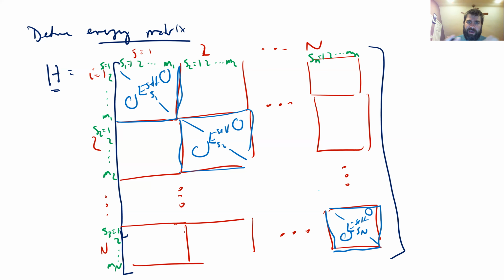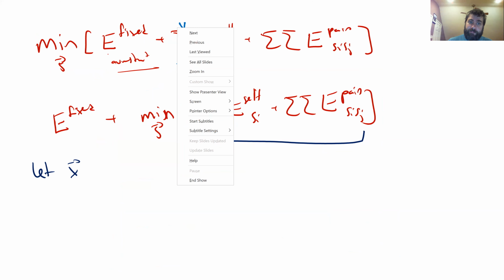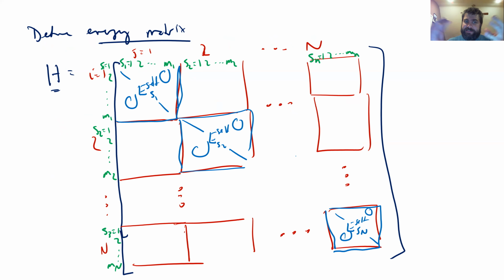Now, if we think about how we do our loop, let's go back and put in our indices here. Our indices were from I equals 1 to N. But the second term of the second sum was J equals I plus 1 to N. What does that mean in the context of this matrix?